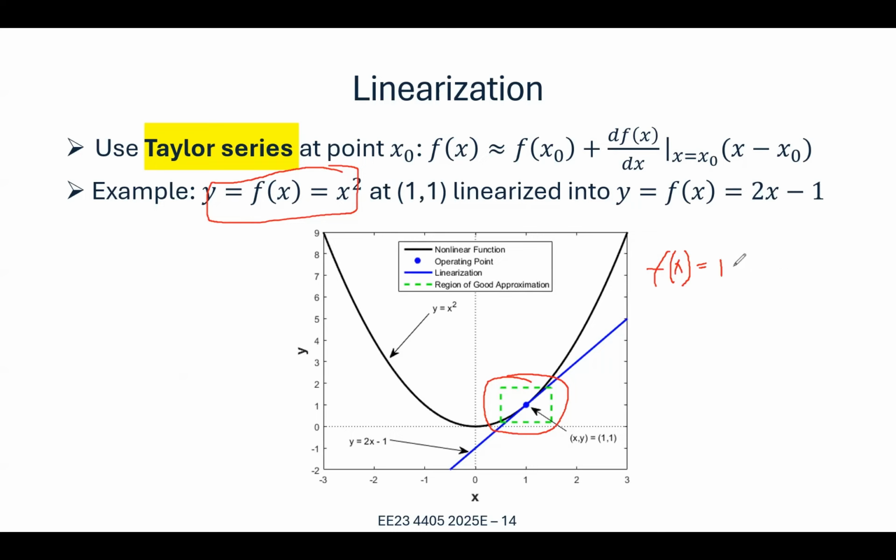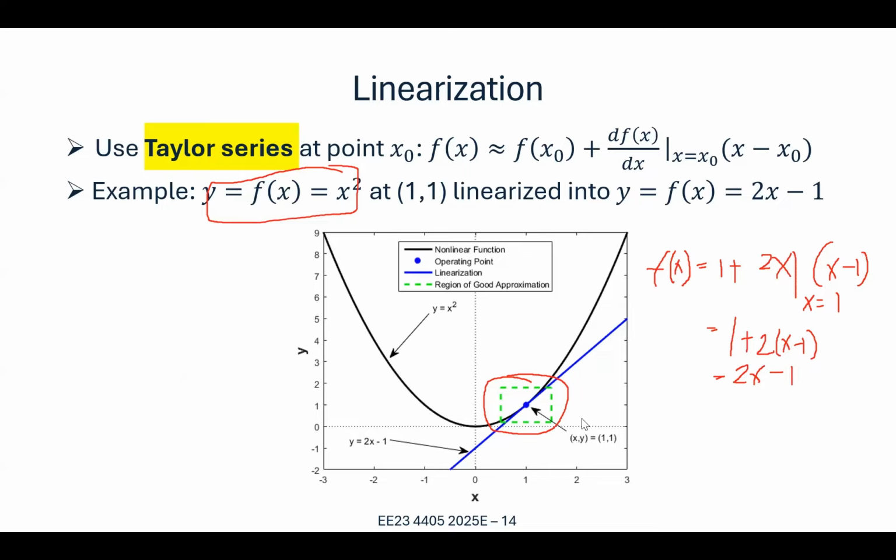So this one is 1, and then we have the derivative of f, the derivative of x squared, which is 2x, and given x is 1, it's times x minus 1. So this one is 1 plus 2 times x minus 1, then we have 2x minus 2 plus 1, so we have 2x minus 1.